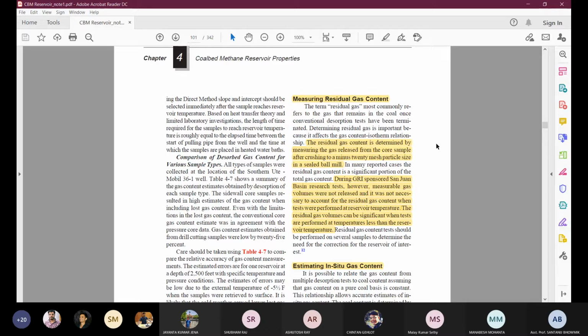That means beyond your abandonment gas pressure, whatever gas is already there in the reservoir, how much is trapped, which you are unable to get by the desorption process. That part is to be measured by the residual gas content.